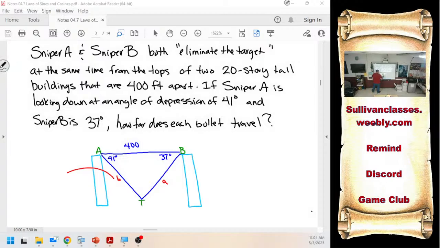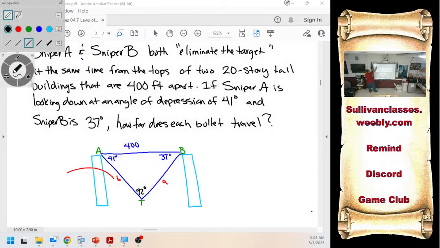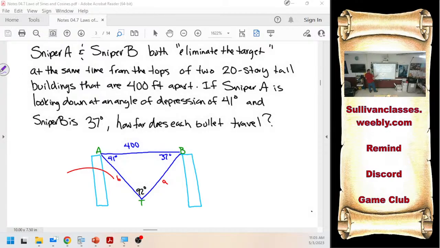I suppose we should do that. 180 minus 41 minus 37 is 102. There we go. So now you have a control pair. You're good to go. I'm going to have a 400 over sine of 92.